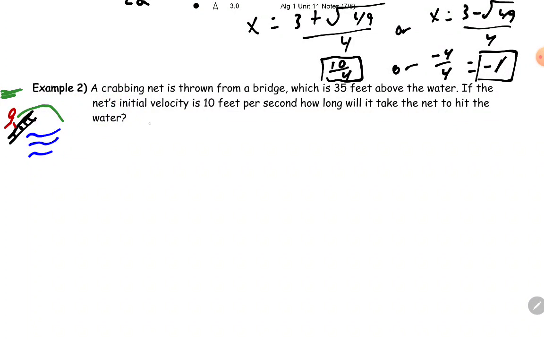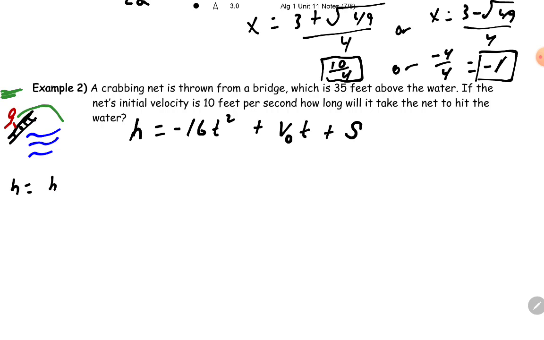So we have this formula that we saw a while ago, but let's remind ourselves. Our height after a time t is equal to negative 16 t squared plus v naught, our initial velocity, times t, plus our initial height s. So let's write that all out again.